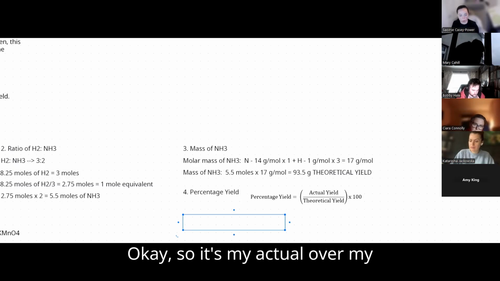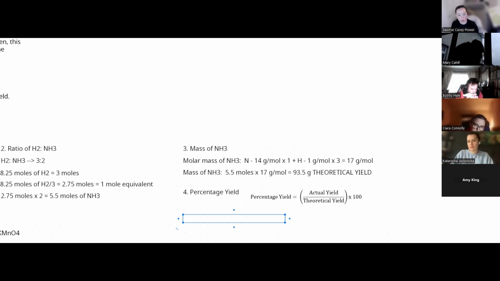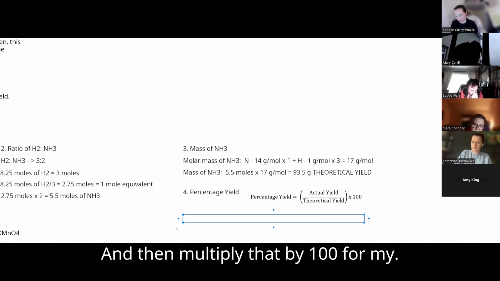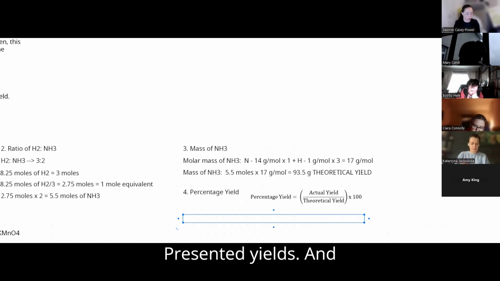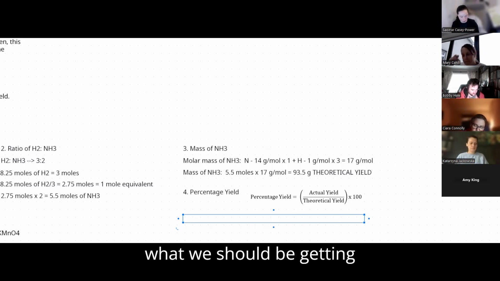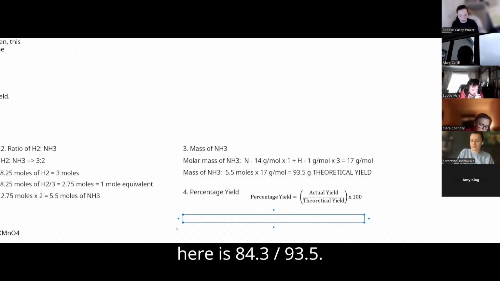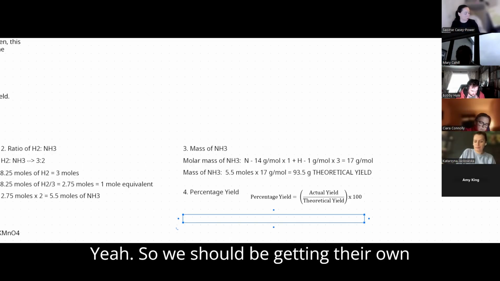So that's my actual over my theoretical. I'm going to multiply that by 100 for my percentage yield. What we should be getting here is 84.3 divided by 93.5, so we should be getting around 90.16% here.